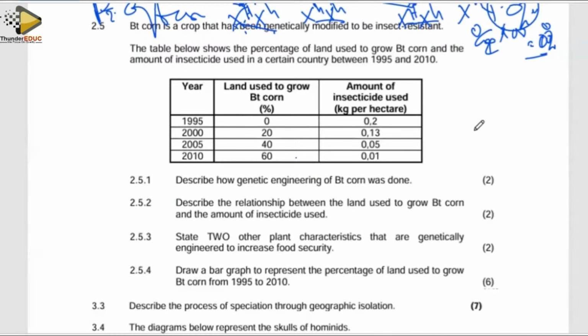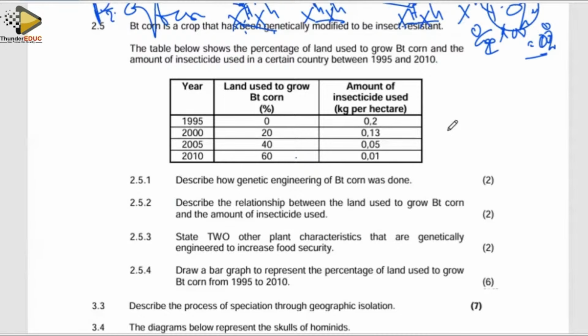So they do insertion. They get the gene for resistance, then insert it in the corn. And then once it's done, that corn is going to be able to resist the disease.